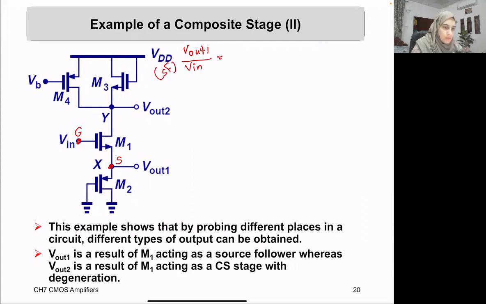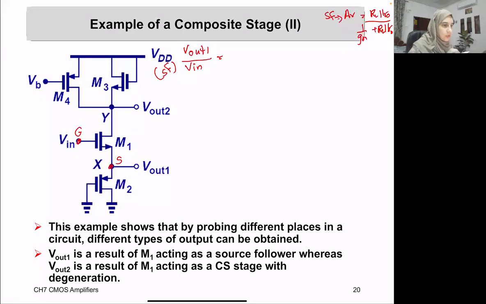The gain basically equals RL in parallel with R out over (1 over GM plus RL in parallel with R out). I hope I did not make any mistake. Let me just verify this. Yes, I'm correct.